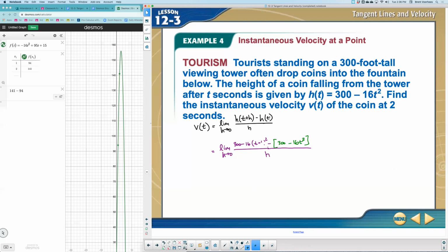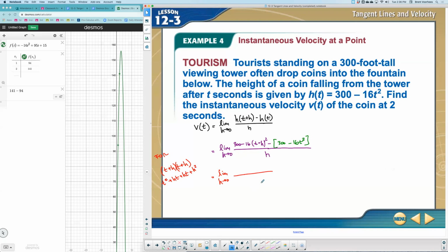Okay, so now let's go through simplifying. The limit as h approaches 0, we will have 300, and I need to FOIL. So let's figure out what t plus h times t plus h is. When I FOIL this, I will have t times t, which is t squared, t times h, so ht, plus another h times t, another ht, plus h times h, which is h squared.